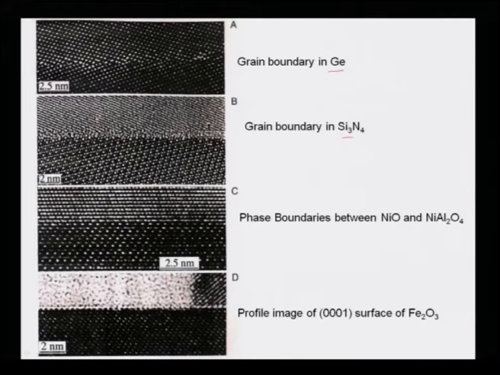The last one, D, is basically a profile image all along the 0001 surface of hematite, where you can see the black and white dots of iron. This used to be the case till the 1990s, but the advent of CS corrected microscopes has made a lot of changes, and it is now possible to pinpoint which atom is what, to a resolution of less than an Angstrom.